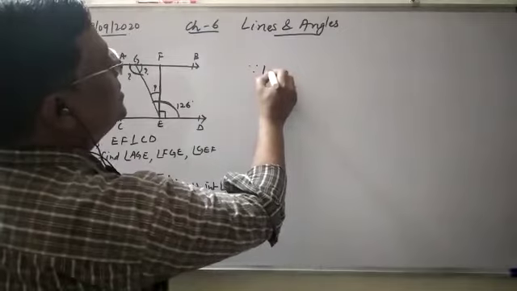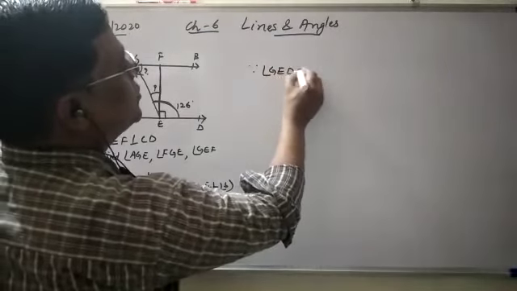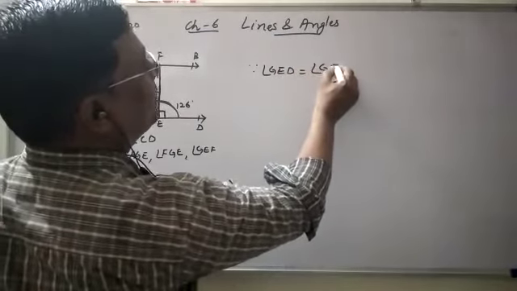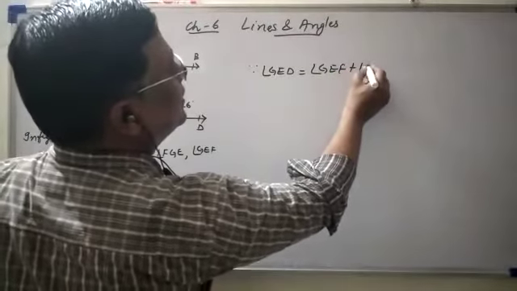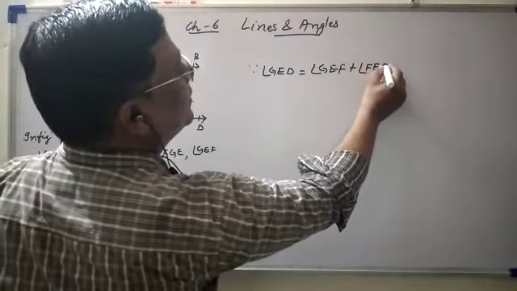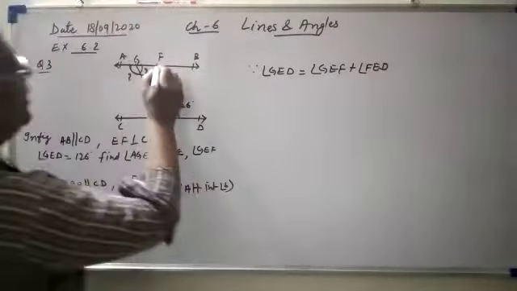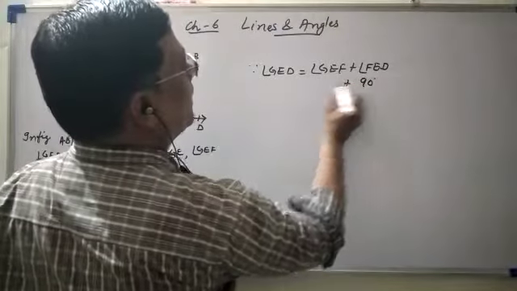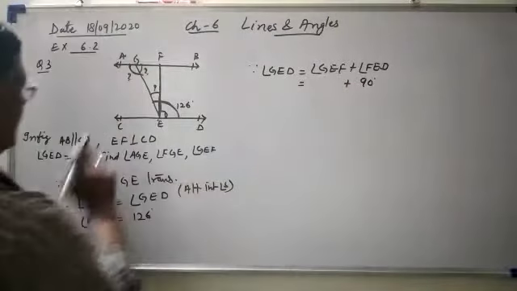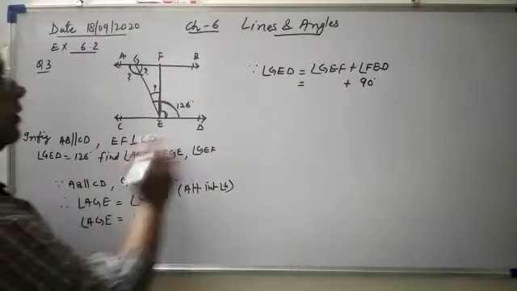Because angle GED has two parts, angle GEF plus angle FED. As we know that EF is perpendicular to CD, this angle FED is 90 degrees. We know that GED is given as 126 degrees, and we have to find GEF.